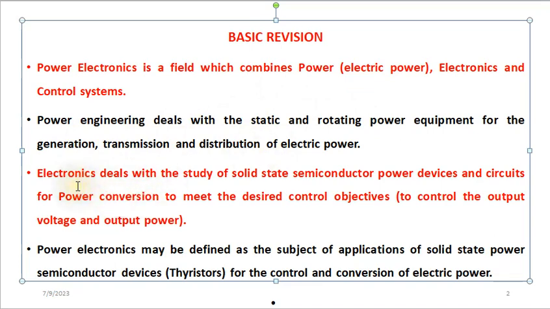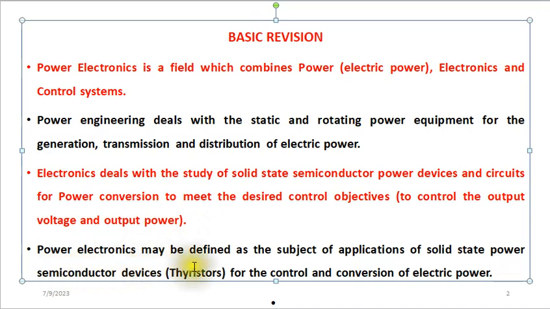While the electronics component of this course has to do with the solid-state semiconductor power devices and the circuits, which are used for either conversion of power from one form to another or from one level to another in order to meet a desired control level. The basic parameters that are controlled are either voltage or output power.